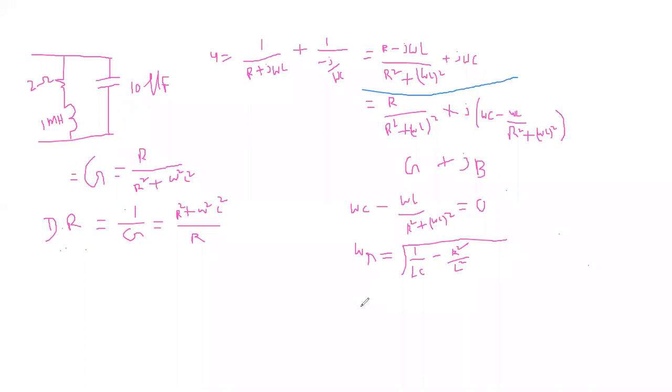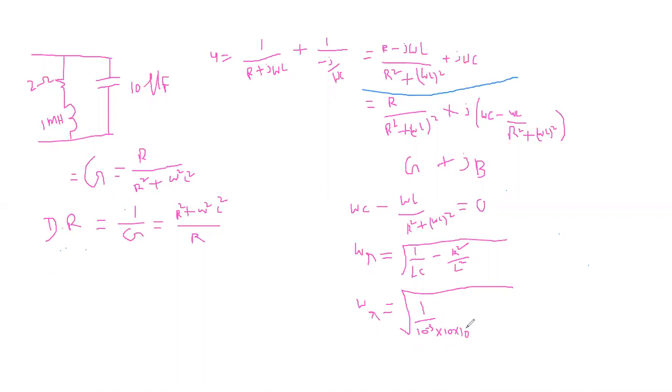Then omega r equal to square root of 1 by LC. What is the value of L? 1 millihenry. 1 millihenry means 10 power minus 3. 1 millihenry into C value 10 microfarad, 10 into 10 power minus 6.